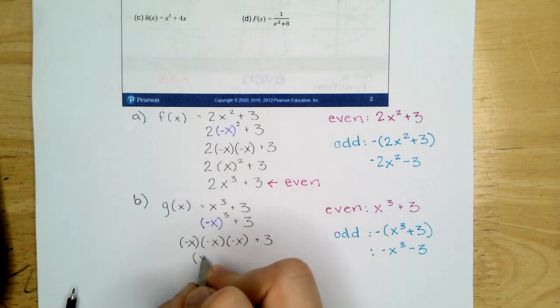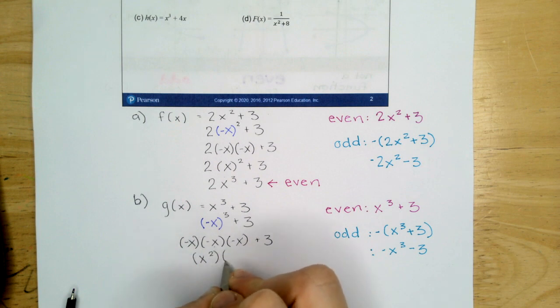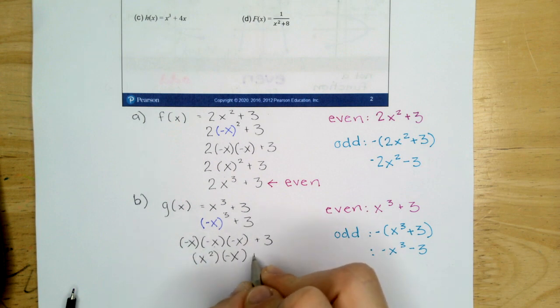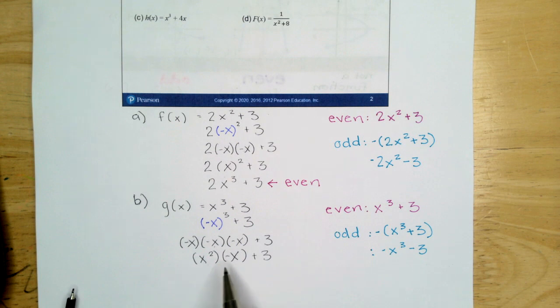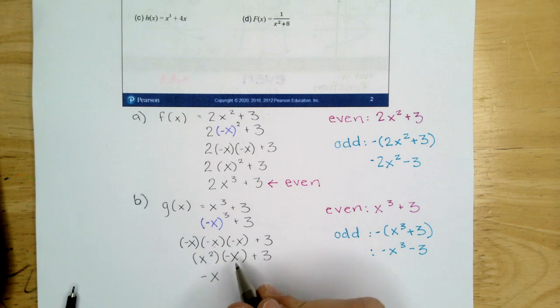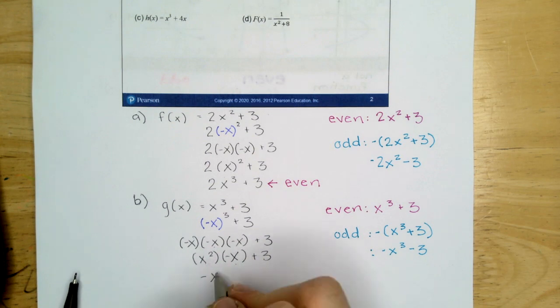So I'm going to call that x squared times a negative x plus 3. When I have an x squared times a negative x, I'm basically multiplying a negative x times a positive x, so it's going to become a negative x, and then that's the same base. So x squared and x to the first is going to be x to the third, 2 plus 1 is 3, plus 3.